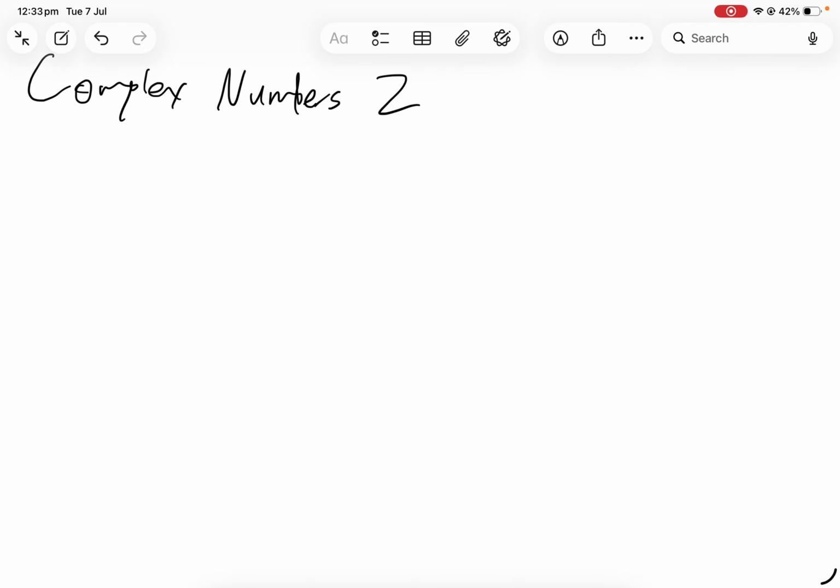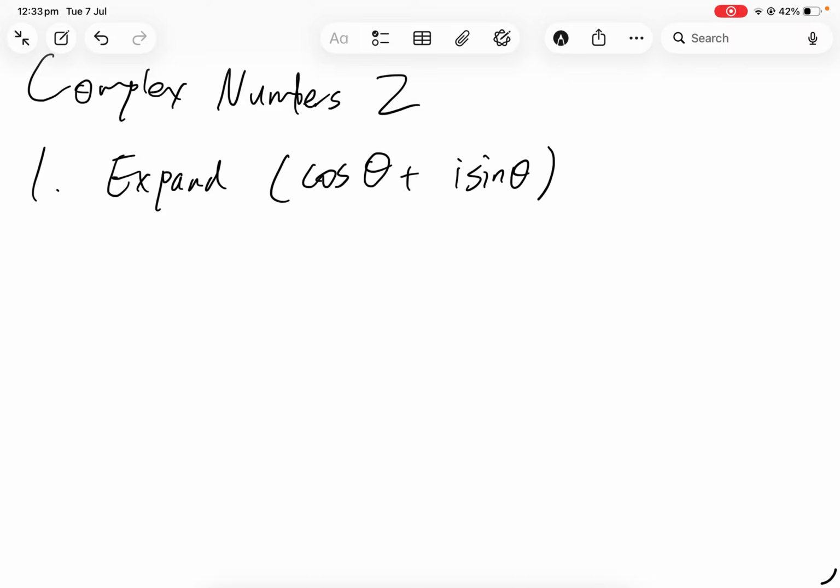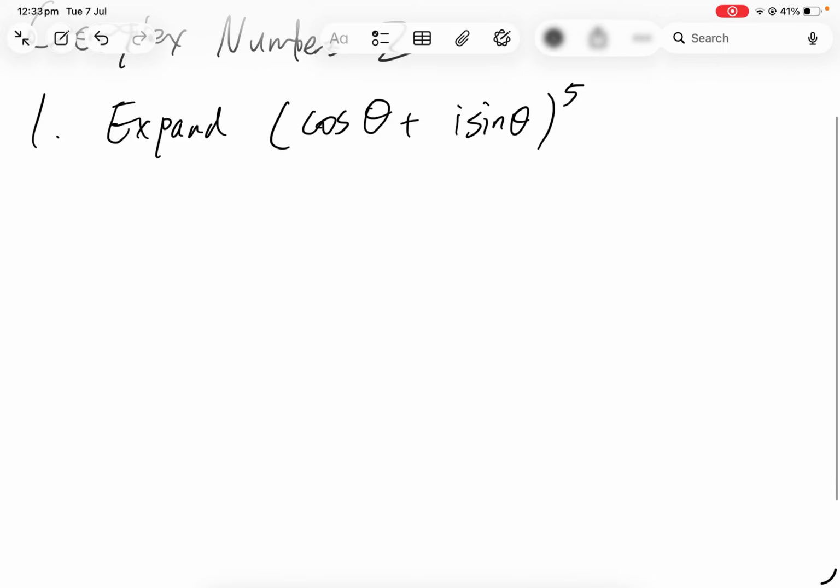So let's start with the first question. It says expand cos theta plus i sine theta to the power of 5. Okay, so it's just normal expanding, as there's sections to this question.